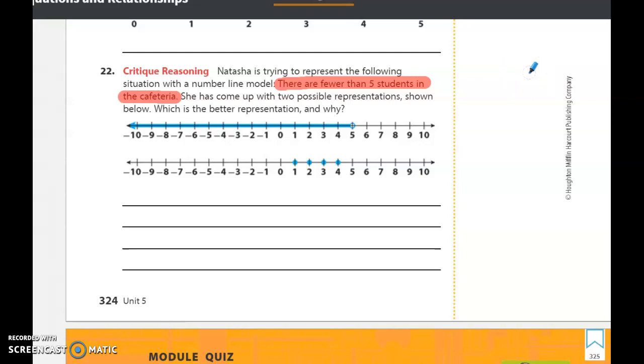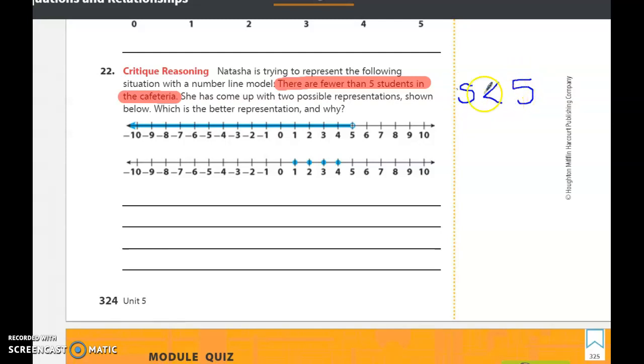Which is the better representation and why? Well, before we even do this, I'd like to write an inequality. I know that the number of students, I'm going to say that's S, has to be fewer than or less than 5. So S is less than 5.